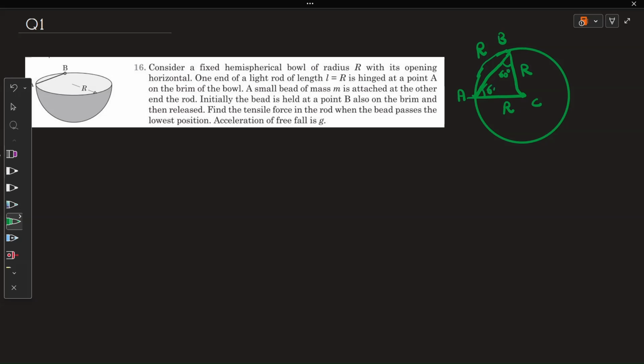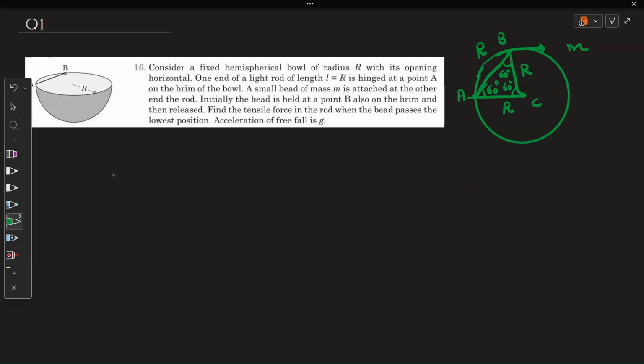Now let's think about how the motion of the bead B would be. It's a bead, actually, a bead of mass small m. Now let's analyze the motion. B is always on the surface of a sphere with radius r and center A, correct?